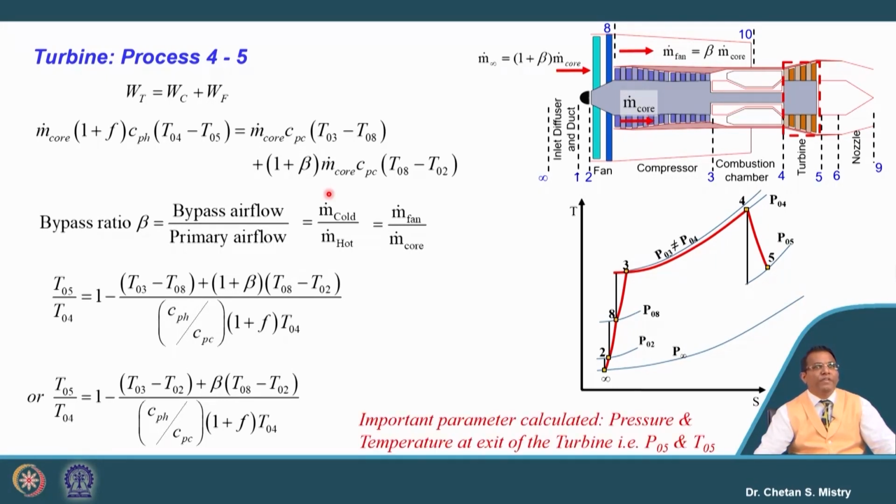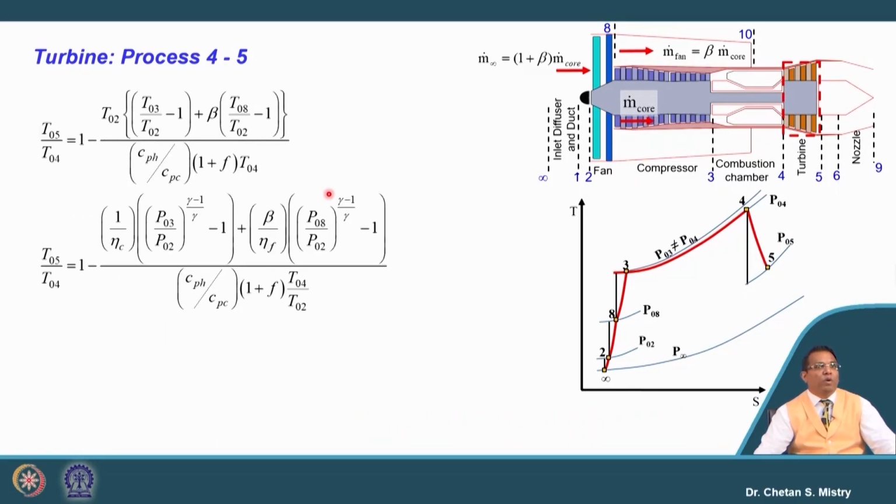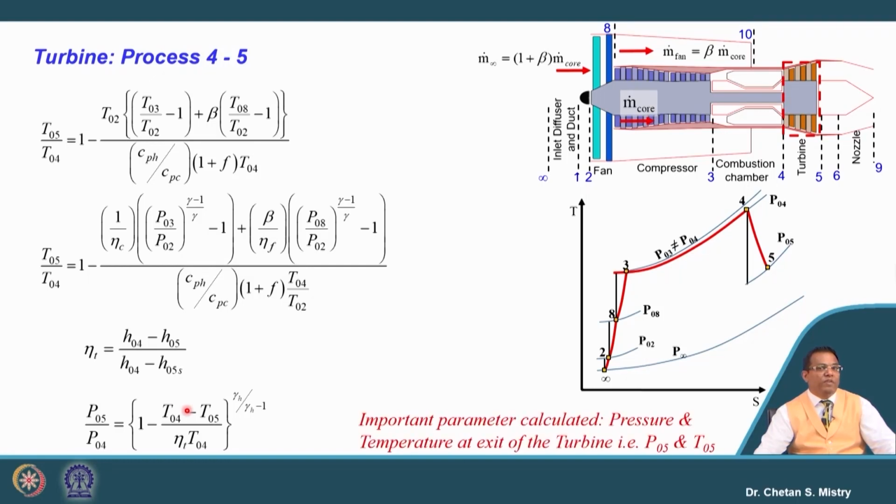We have definition of our turbine efficiency, that is what will be giving us the idea to calculate say what will be our pressure ratio. So, this pressure ratio that will give us the idea for the calculation of our exit pressure from the turbine. Okay. So, be careful in terms of calculating say turbine exit temperature and turbine exit pressure.